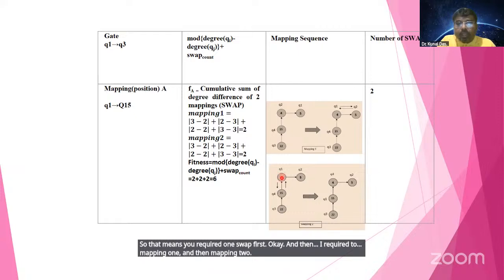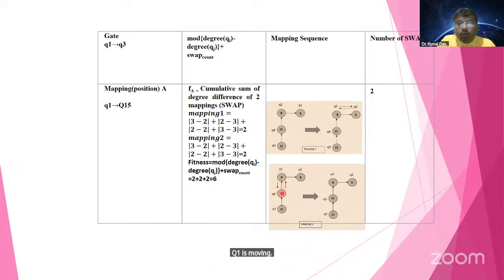Q1 is moving to Q4 and Q4 is moving to Q1. So then I reach Q15. Okay. So if I choose Q15 from the initial mapping, then I require this amount of movement.